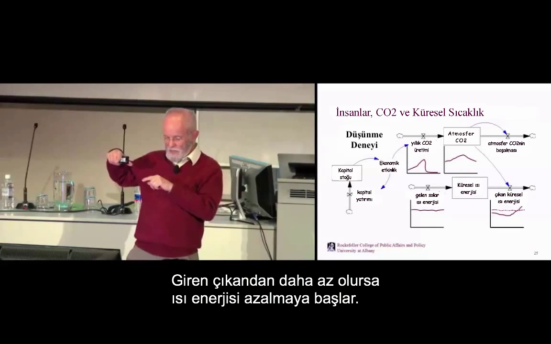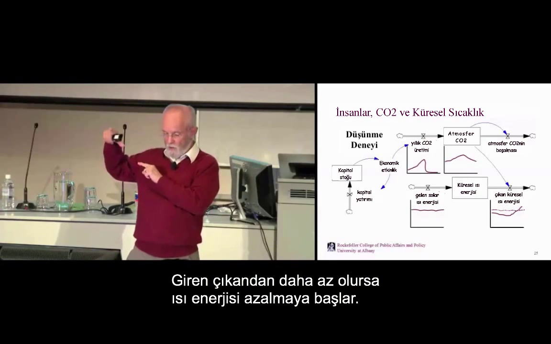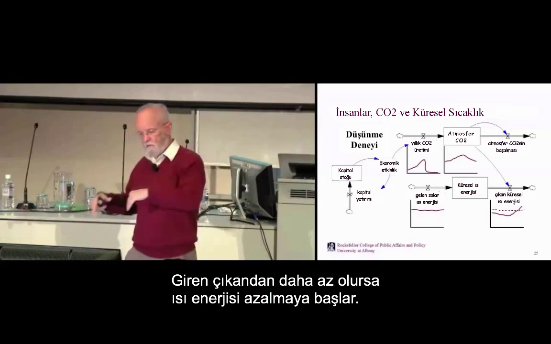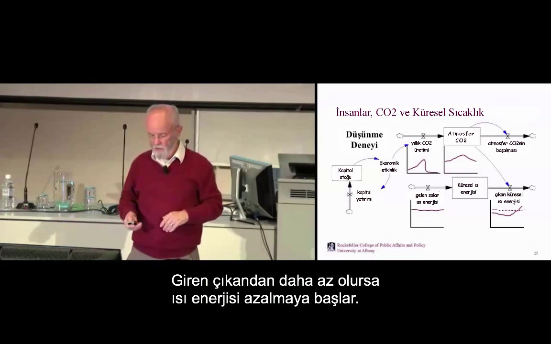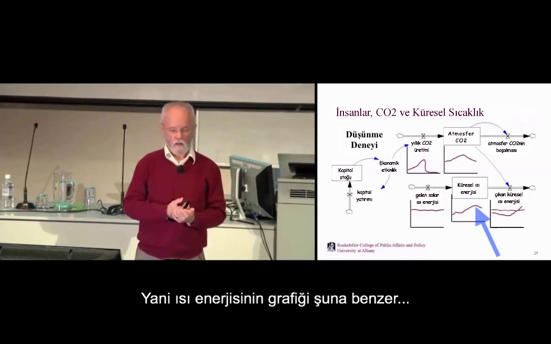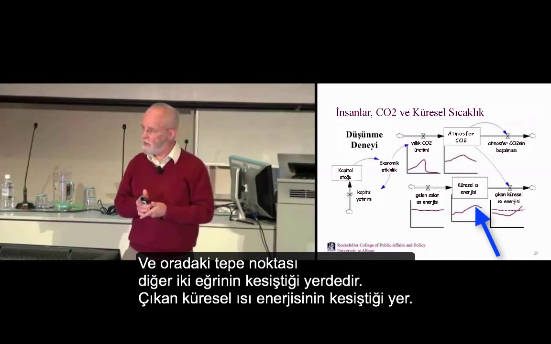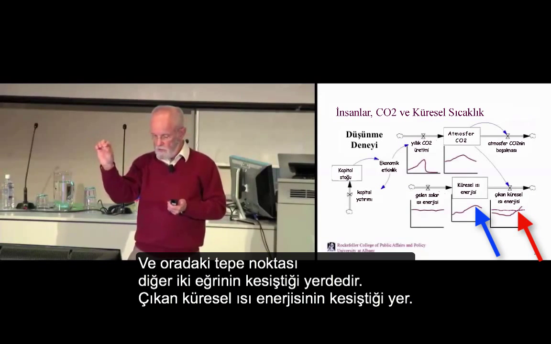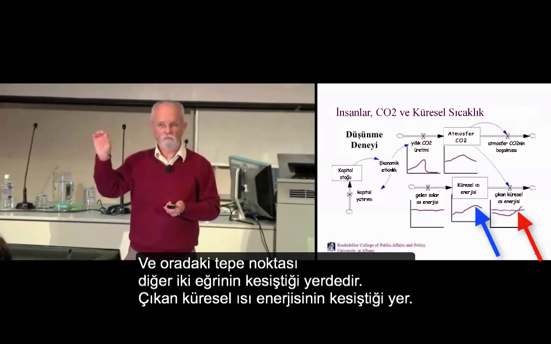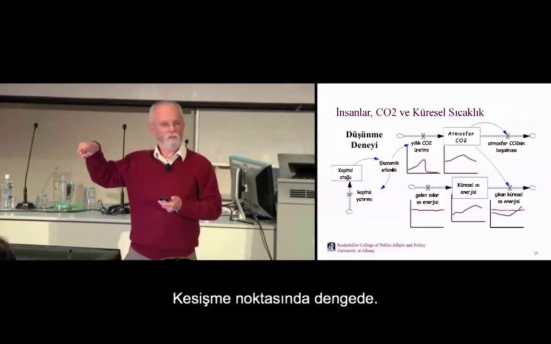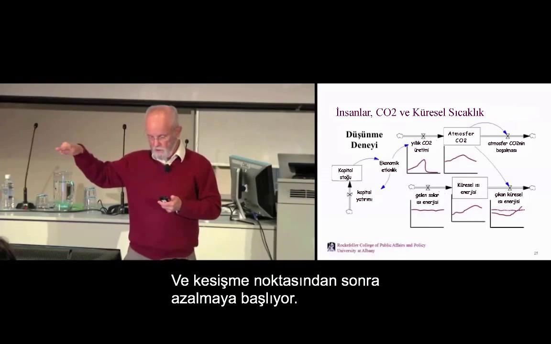Where incoming is less than outgoing, then the heat energy is going to start going down. So the graph of heat energy looks like that. And the peak there is where those two little curves on outgoing global heat energy cross. Before that, it was rising. At the cross, it's an equilibrium. And beyond the crossing point, it is starting down.